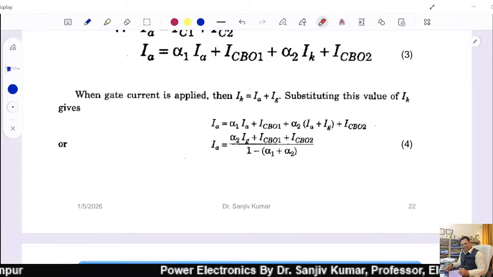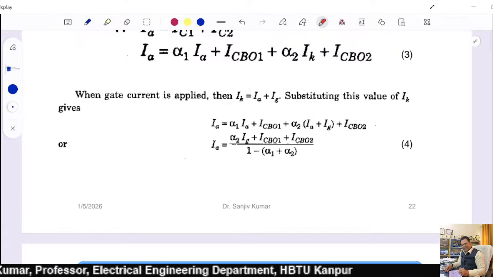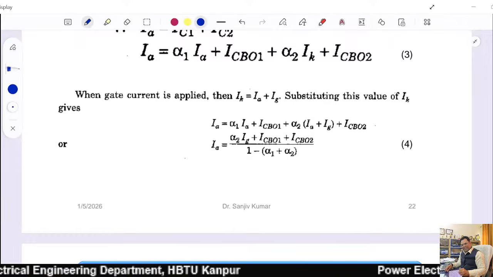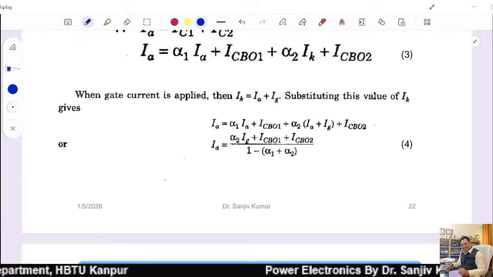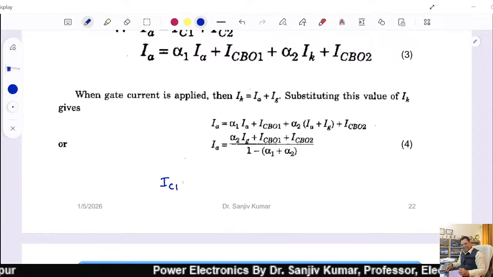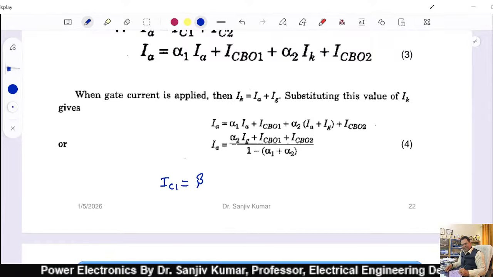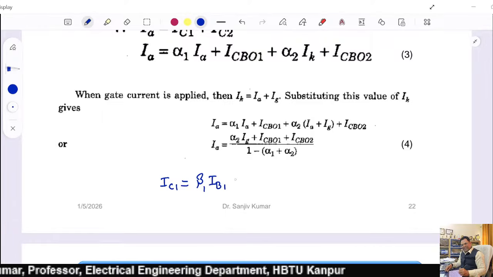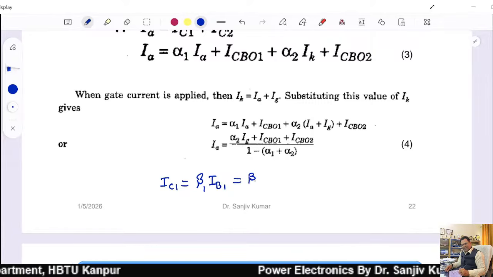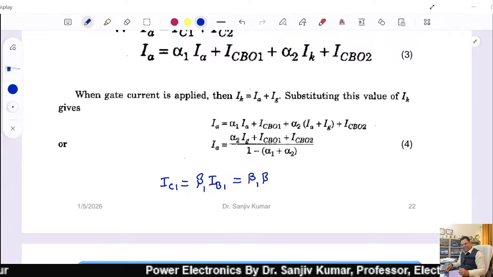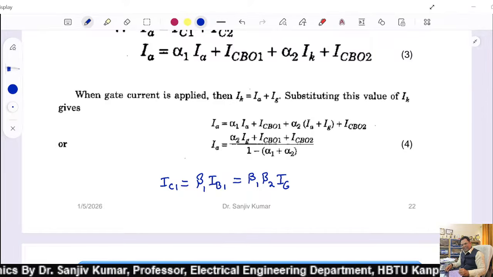But if you keep on increasing the gate current, we know the relation that IC1 is equal to beta 1 IB1, which is equal to beta 1 beta 2 IG. Basic fundamental equation, right?